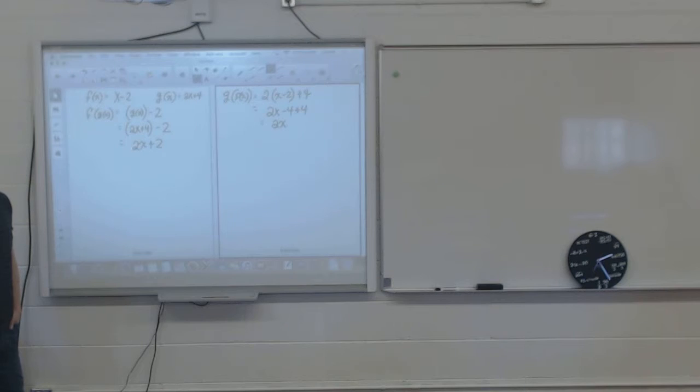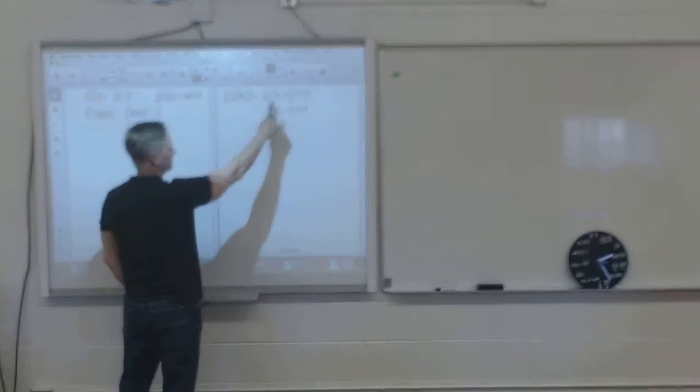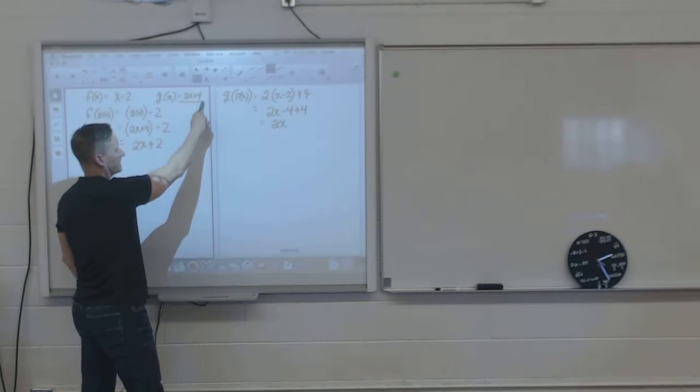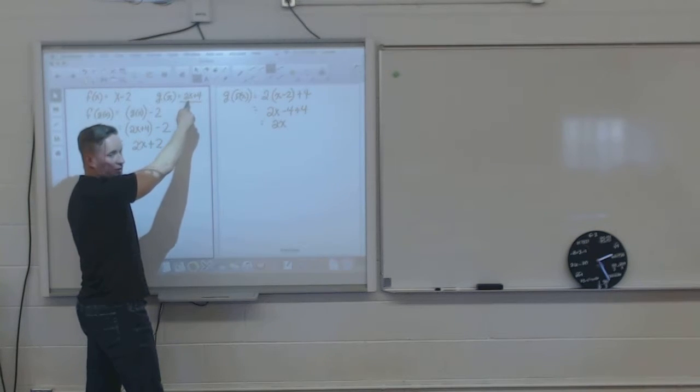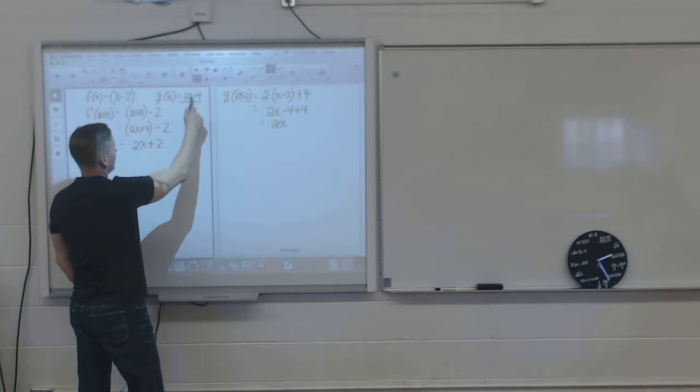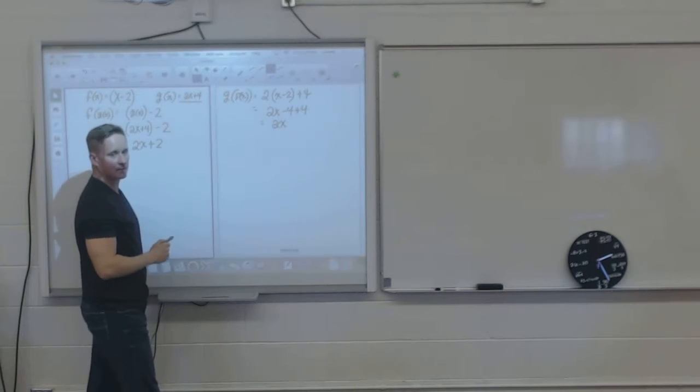Student: I get that you put the f of x in the brackets, x subtract 2, but why did you put the 2 in again? Here's my g of x equation. My g of x equation is 2x plus 4. So I've got to take this and substitute it in there for x.